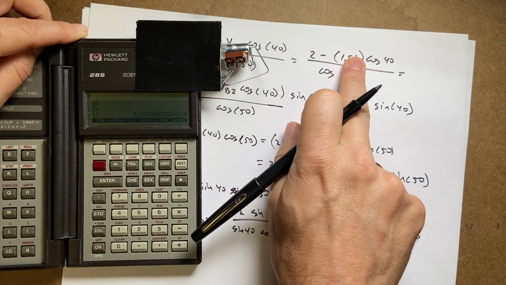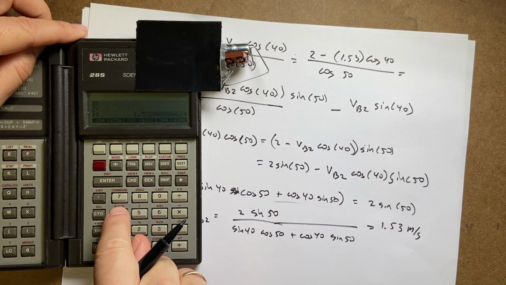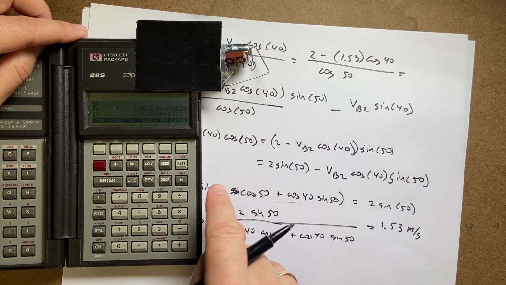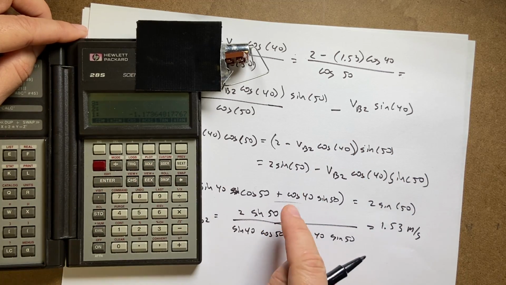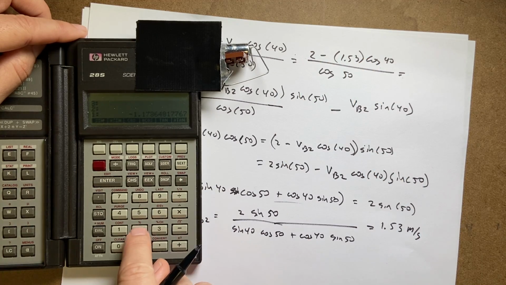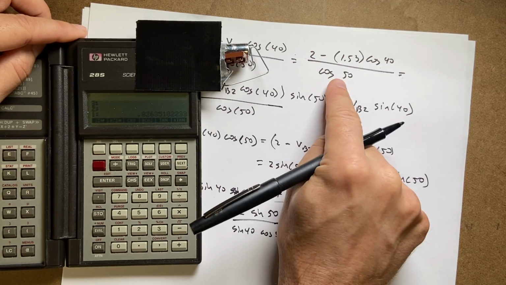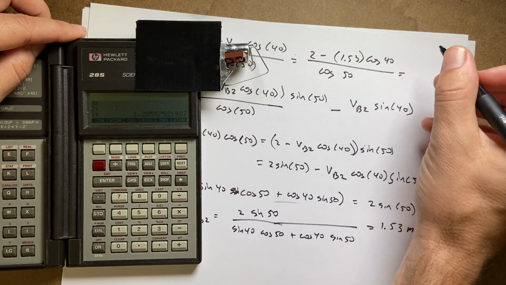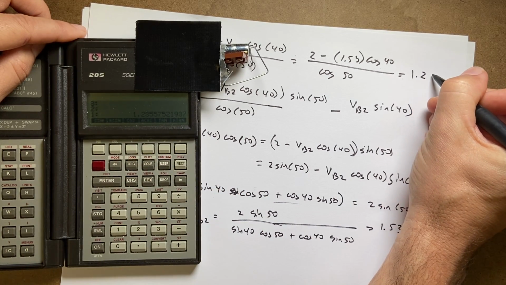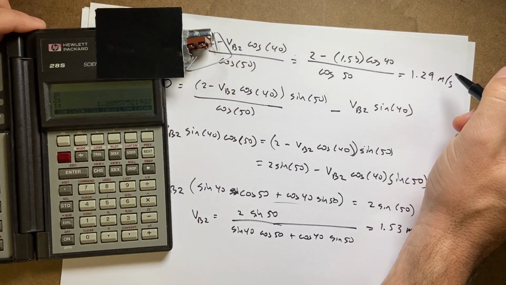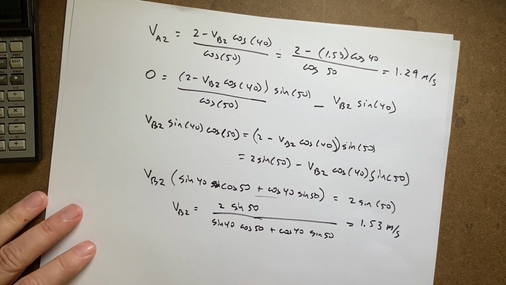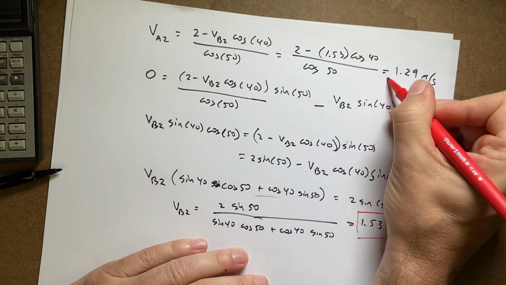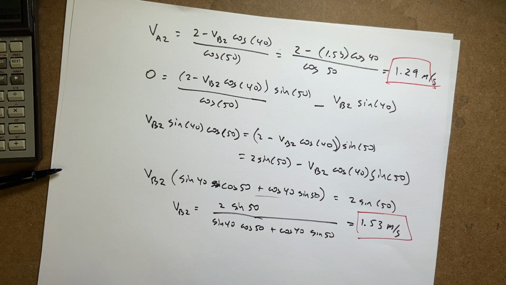I multiply by cosine of 40, make it negative, then add 2, and divide by the cosine of 50, and I get 1.29 meters per second. And I am rounding. Okay, so there's my 2 answers. They're so important, I'm going to put them in red. So I'm done, really.